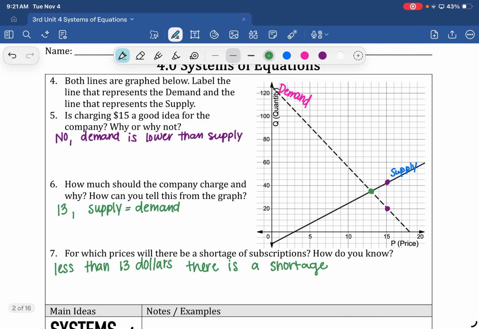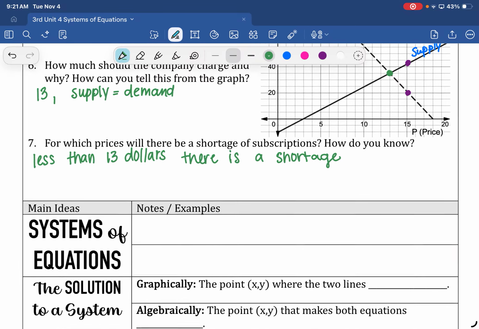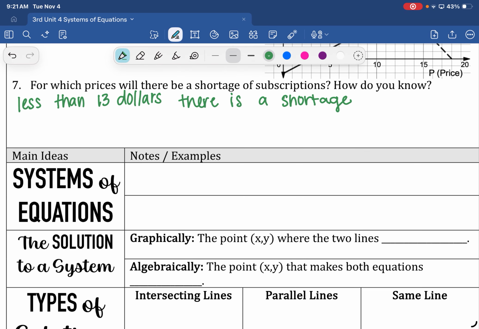So we're going to kind of formalize that just a little bit. So a system of equations, okay, is where we have two or more equations with the same variables.